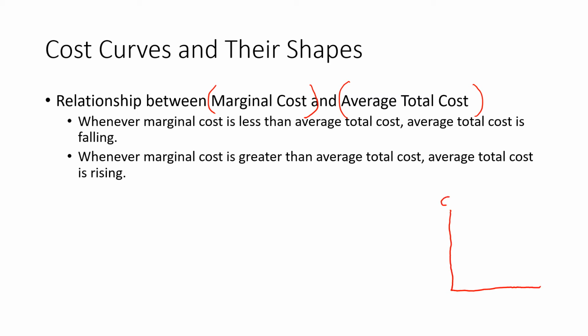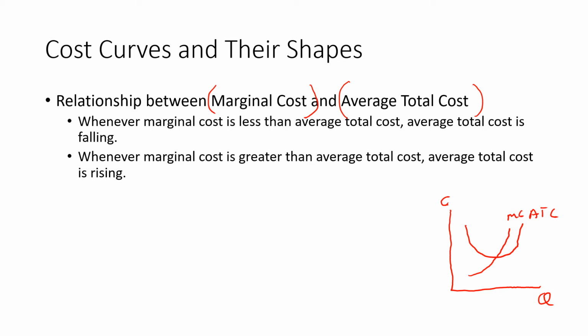So let's say we have the cost over here again and the quantity over here. We have this typical average total cost, which we know has a U shape, whereas the marginal cost is continuously increasing.